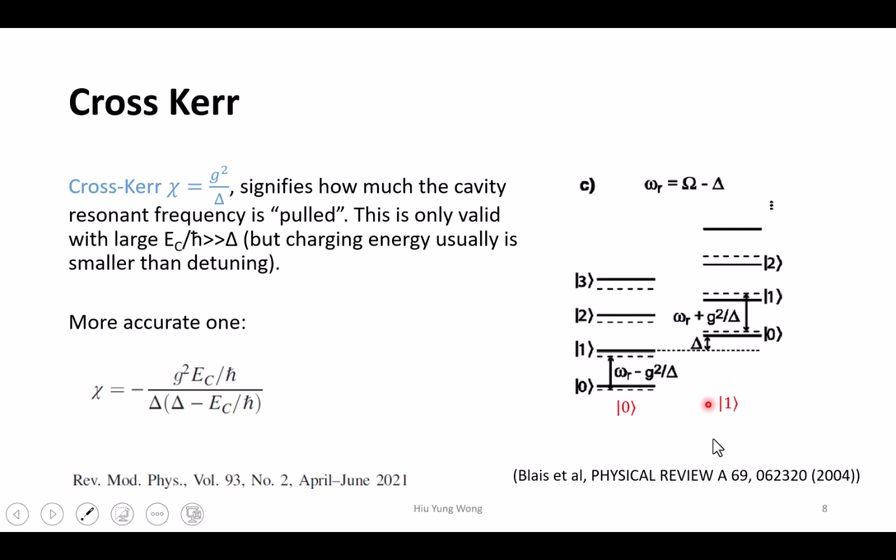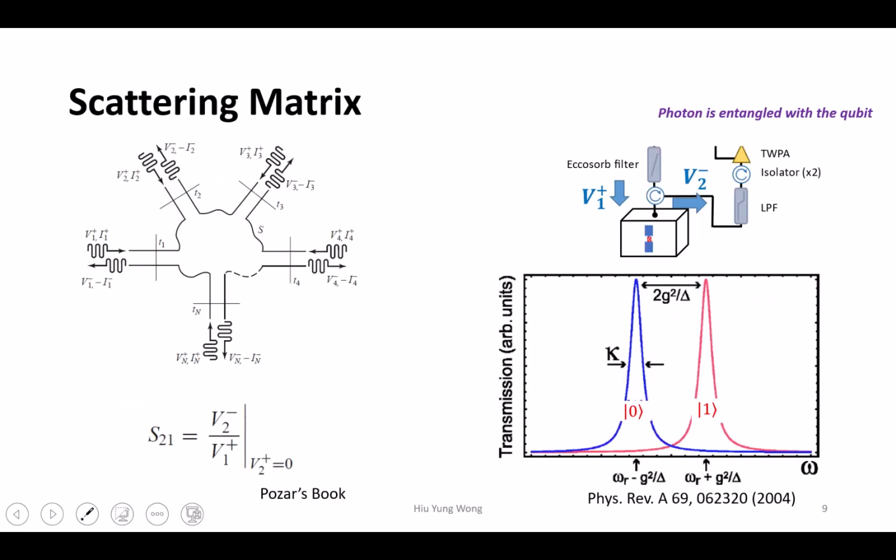And here it is saying that when the state was 1, how much more energy I need, or what type of photon frequency is needed so that it can go to another state. Now it's plus g squared divided by delta. So this is how much the transmon changes the resonance frequency of the resonator. And that's called the cross curve. Yeah. So the higher, if it is high, yeah, because they are distinguishable, right?